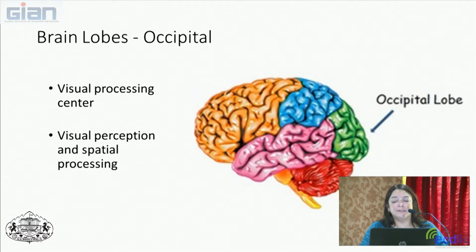And one thing about the occipital lobe that I find quite interesting is that it's mostly involved with visual processing, and the vision system really is one of the only senses that has a full lobe devoted to it. So that occipital lobe is a lot of vision processing, like I said, and our brain puts a lot of importance into that.